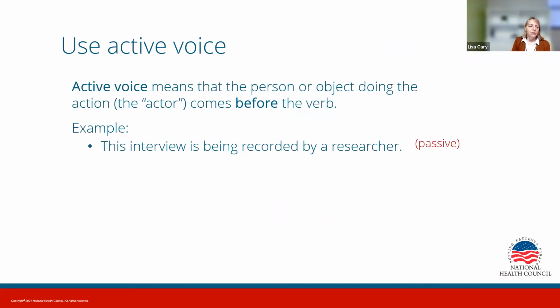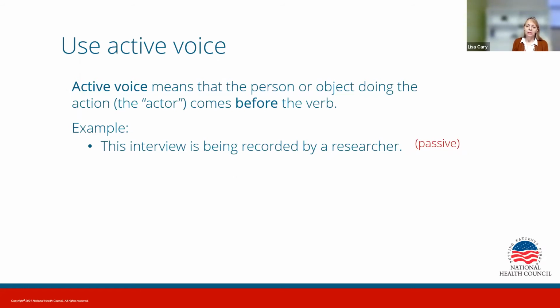Okay. So another thing that we always look at is to use active voice. You remember active and passive voice that you probably had to learn in school. Maybe you thought you'd never need to know this in real life, but actually using active voice makes your writing much more direct and actionable.